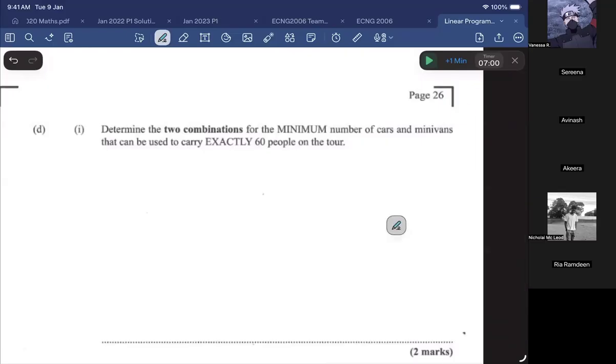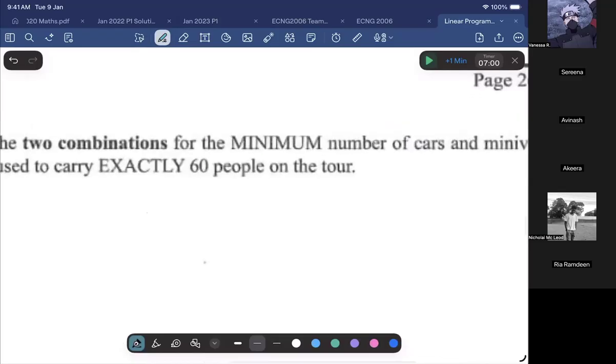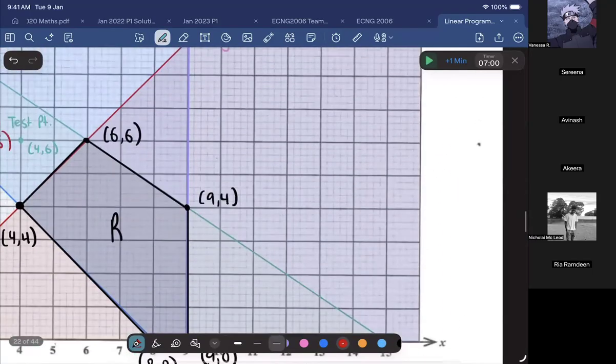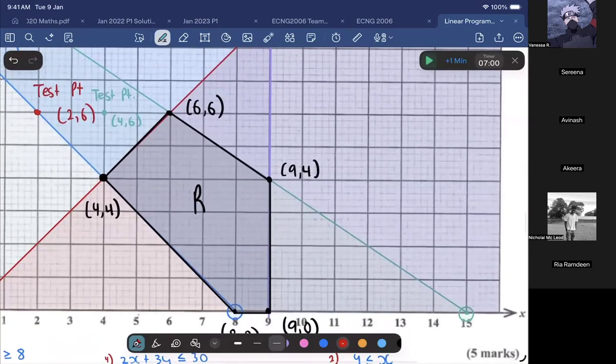Anytime I see a word like minimum, or maximum, or most, or least, it has something to do with the vertices of the common region.